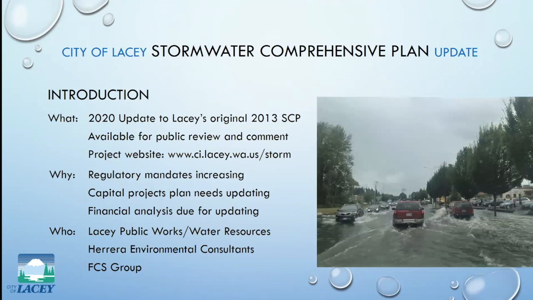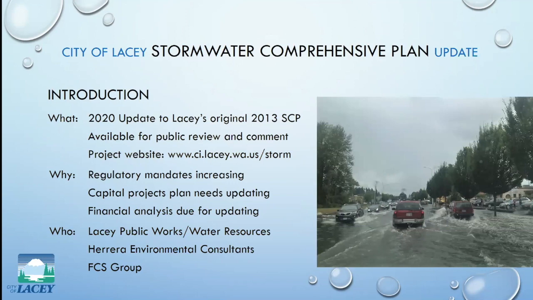So this project is an update to Lacey's original 2013 Stormwater Comp Plan. This is currently available on the City of Lacey website at that address shown. And we invite and encourage you to review it and comment on it. So why are we doing this? Our 2013 plan is 7 years old. Some things have changed and we're due for an update.